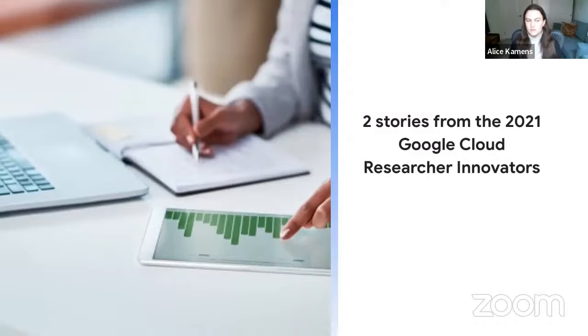And then just one more story to share with you. Dr. Theodora Saz, who was also in the 2021 cohort, she's a computational scientist at the University of Chicago. She is actually using Google Cloud Solutions to identify and categorize images and analyze images in children's books as a way to understand what kinds of representation children are getting.